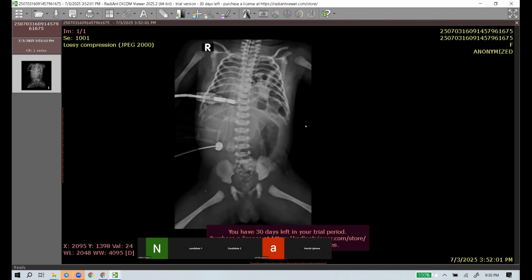I am also able to appreciate that the remaining left lung is collapsed and compressed. I'm also able to appreciate the fundic air bubble in the stomach, and the right lung appears relatively normal with no evidence of any similar lucencies.